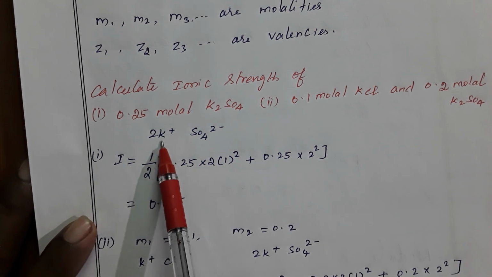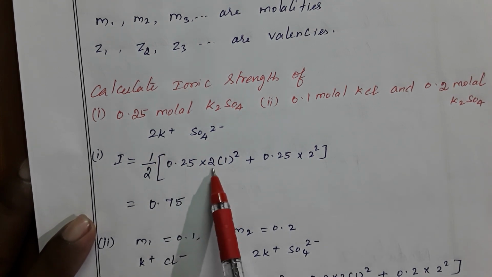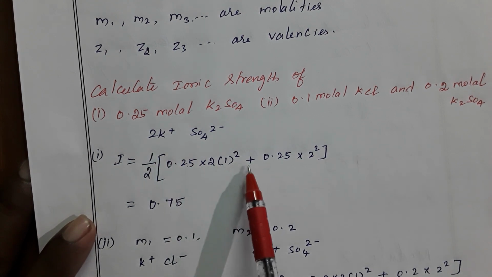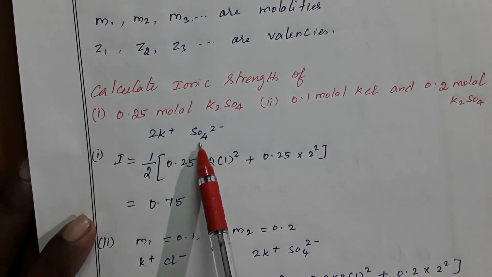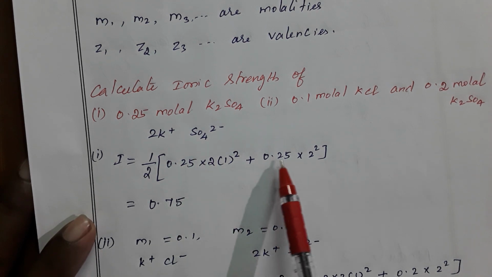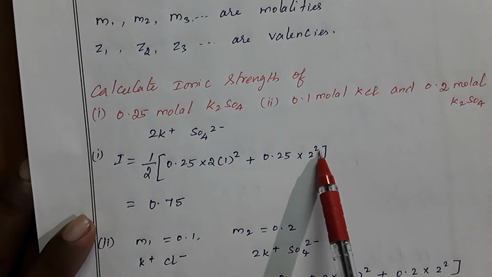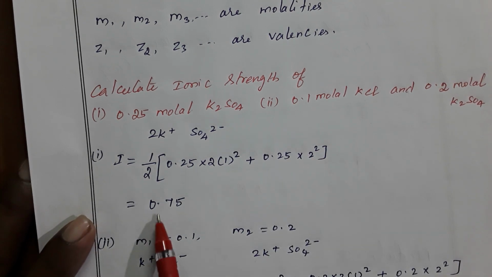Z1 means potassium, how many potassium? 2 potassium, the charge is 1. So 2 into 1 square plus the other ion, sulfate, with the same molality 0.25 into its charge 2 minus, so it is 2 square. By simplifying we get the answer as 0.75.